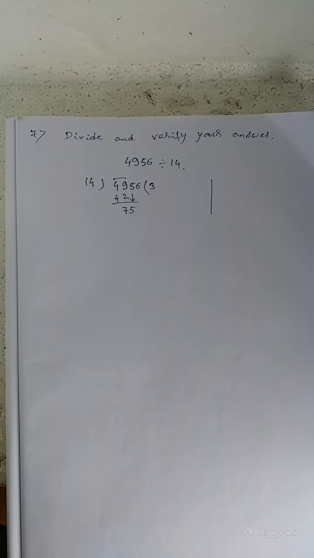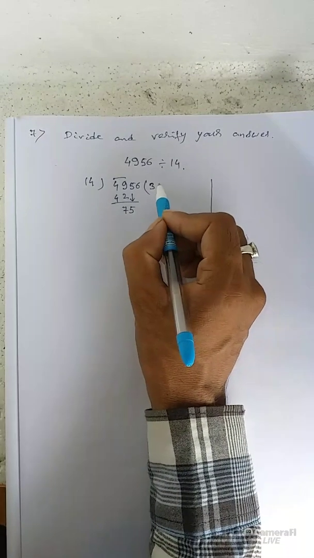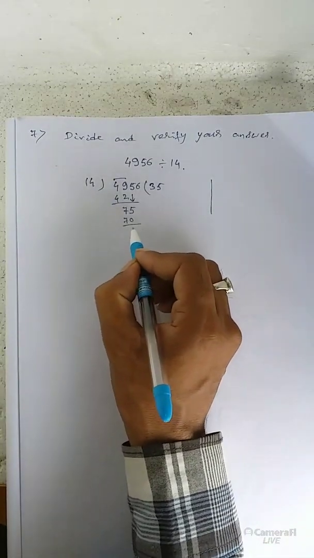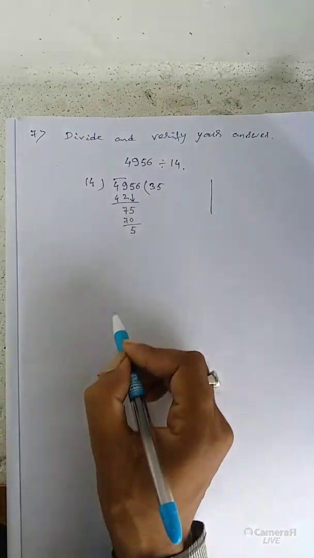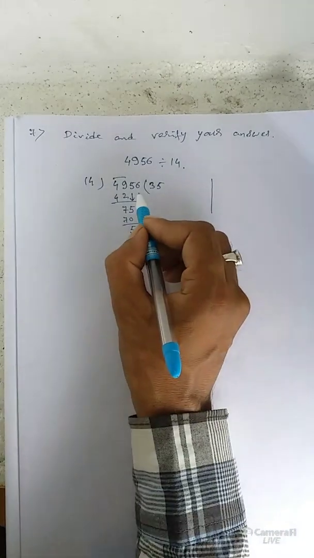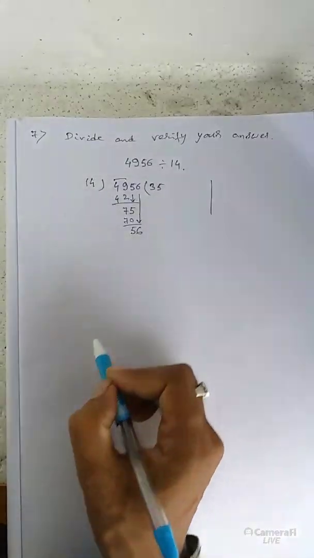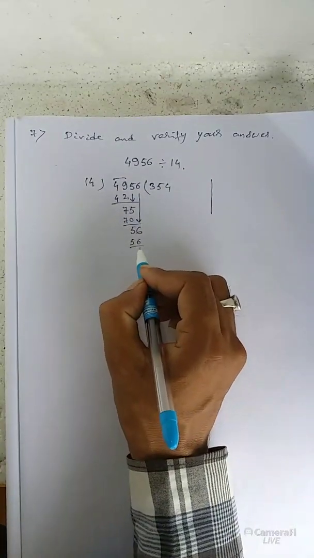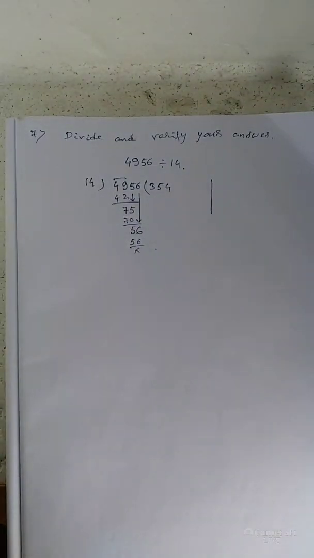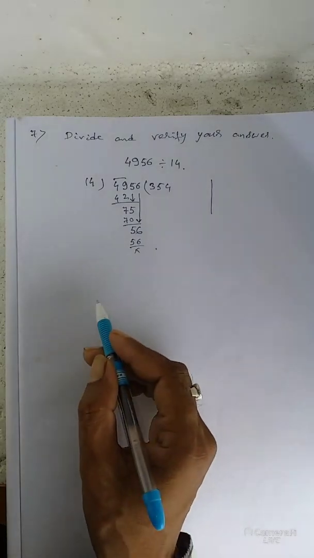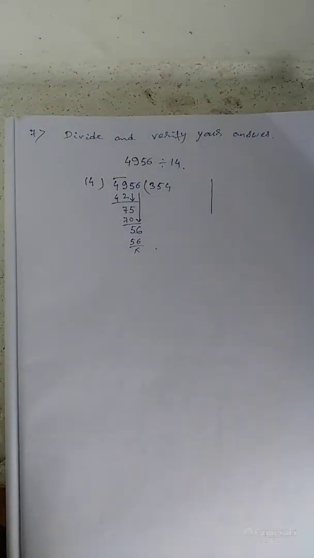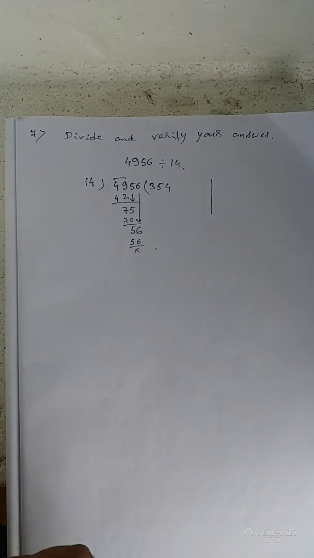So we cannot take 84, so we should take 5. 14 5 ja 70. Now 5 is the subtraction result. Now take the 6 here, 56. 14 4 ja 56. Division is completed. Now here we get the quotient 354. Remainder is 0.